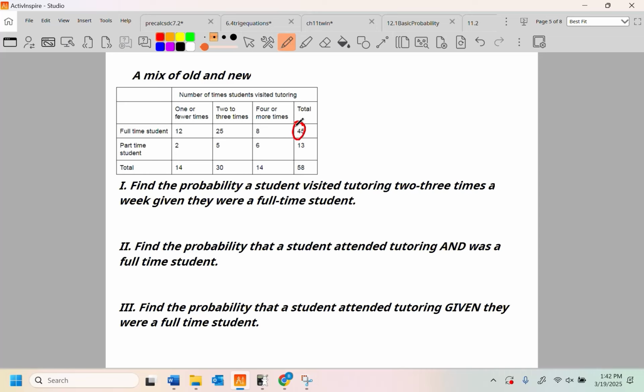So I know they're going to be a full-time student. There are 45 full-time students. That's my divisor. Now, 2 to 3 times a week is going to be this guy, 25 and 45, which we can reduce on down. Both of those are divisible by 5, so that's going to be 5 over 9. If you like decimals, it's going to be 0.555 with a bar.